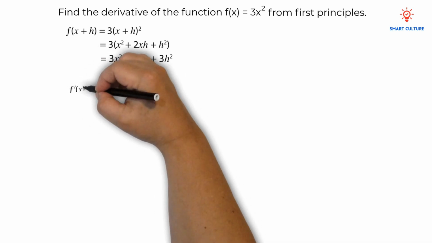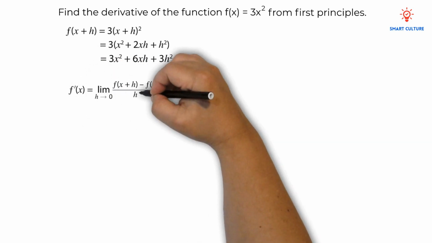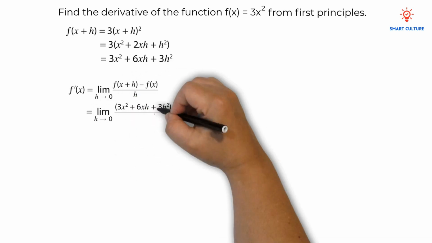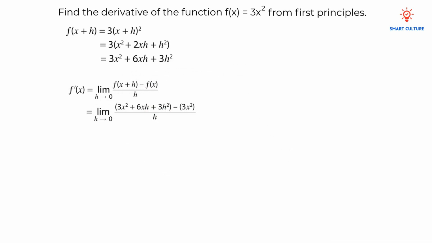The next thing that we must do is substitute the expressions for f of x and f of x plus h into the first principles formula. So this is the first principles formula, and now we sub in these values. Then we have 3x squared plus 6xh plus 3h squared minus 3x squared, divided by h.